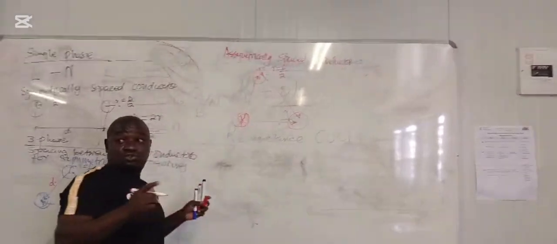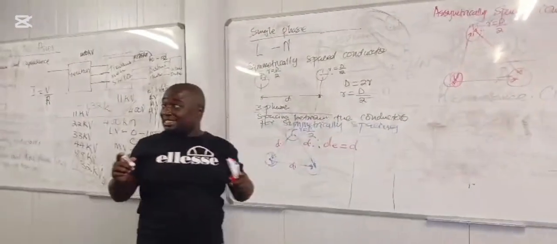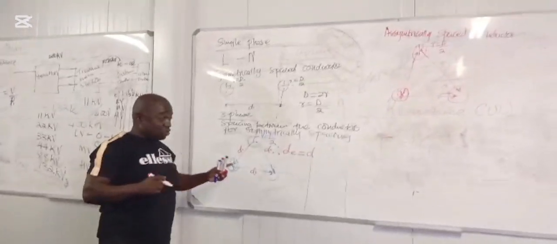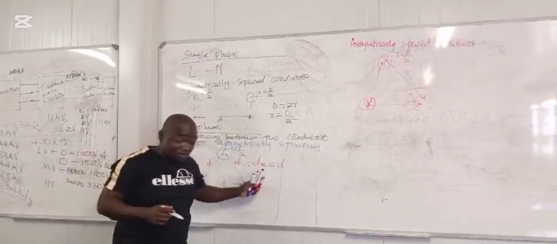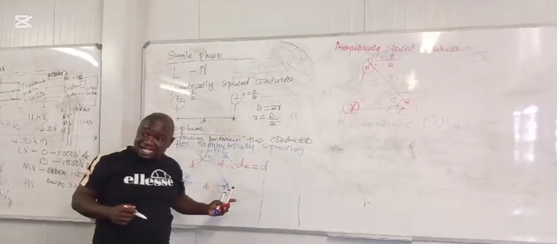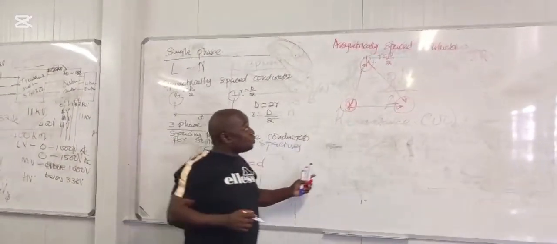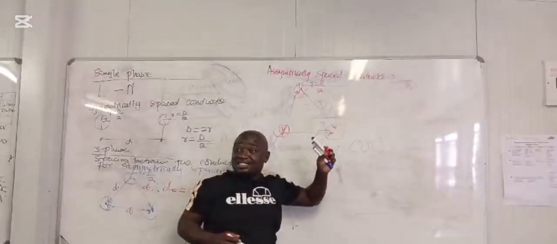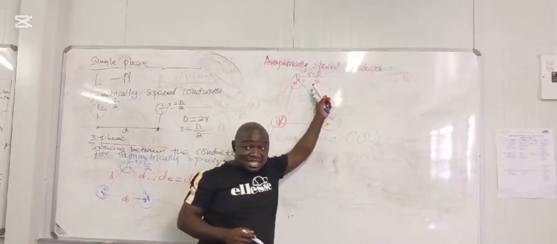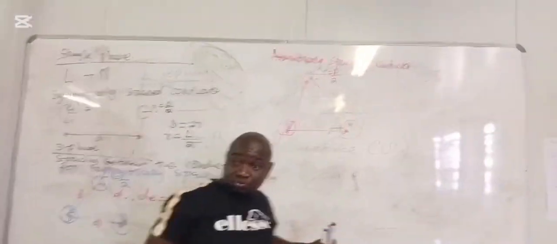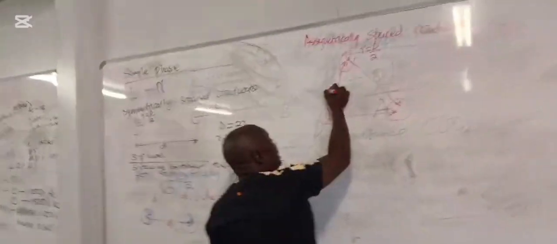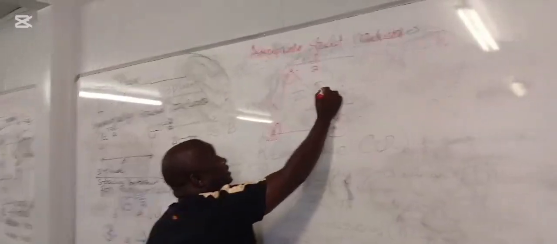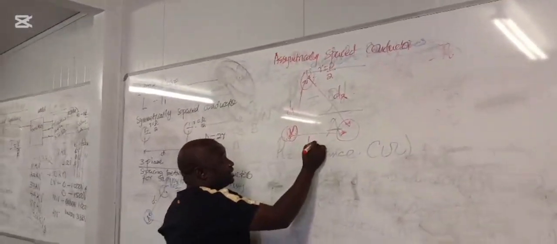I want you not to confuse between the two, the diameter and the spacing of the conductors. For the spacing of the conductors, we use the small letter d. For the diameter of the conductor, we use the big letter D. The radius is D over 2. Now, the spacing here between asymmetrically spaced conductors is D1, D2, D3.